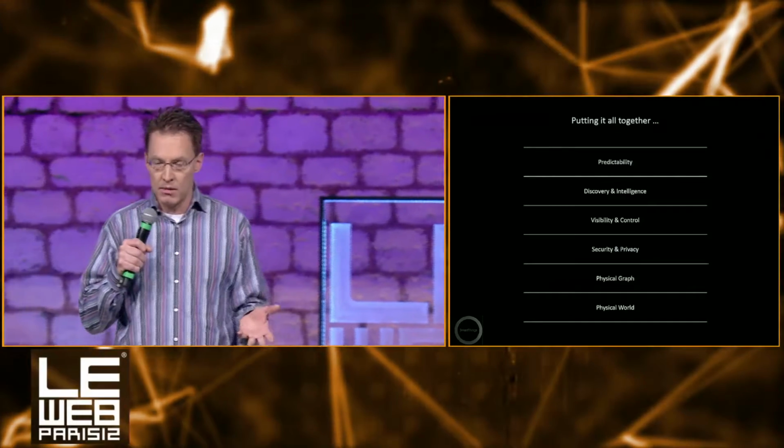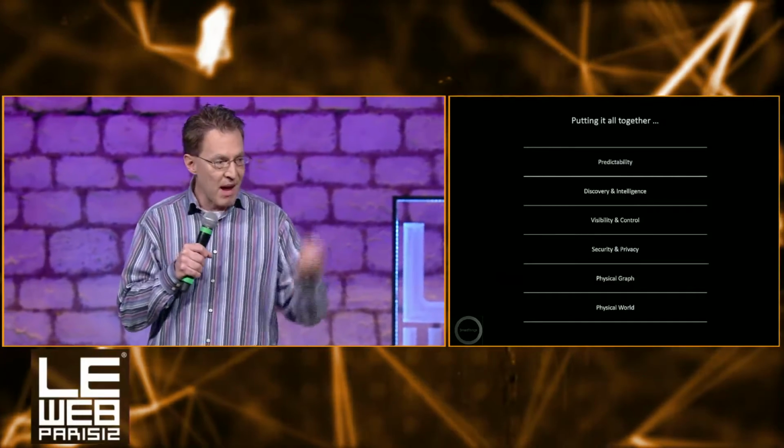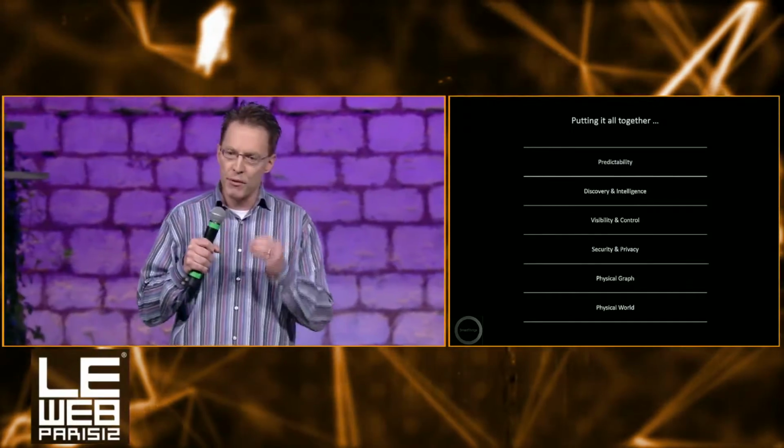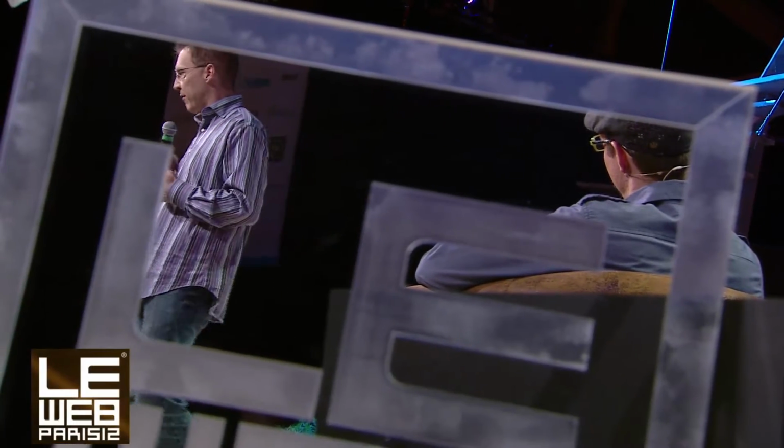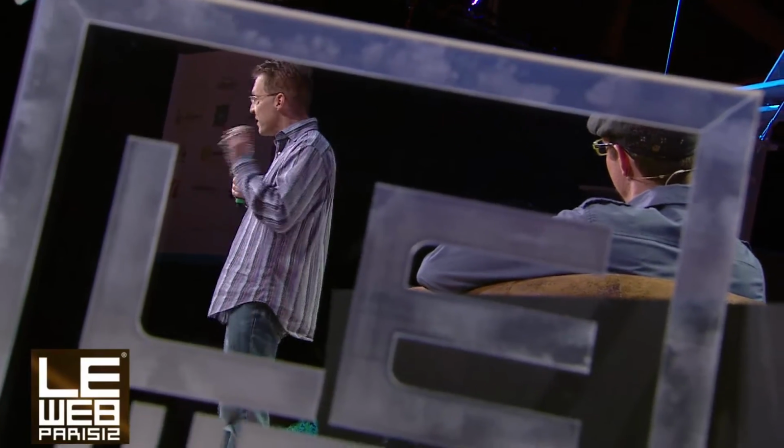Putting it all together, we get an architecture, a layered architecture, a set of abstractions that start to inform what a set of standards might look like for the Internet of Things. We're missing some standards right now for the Internet of Things.